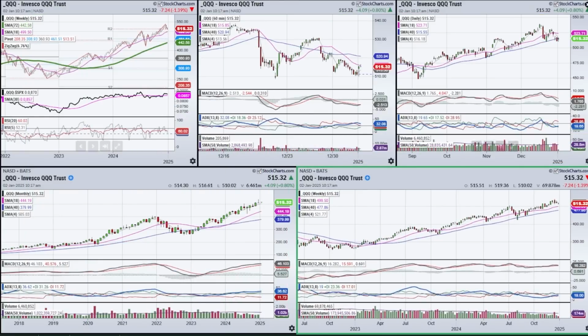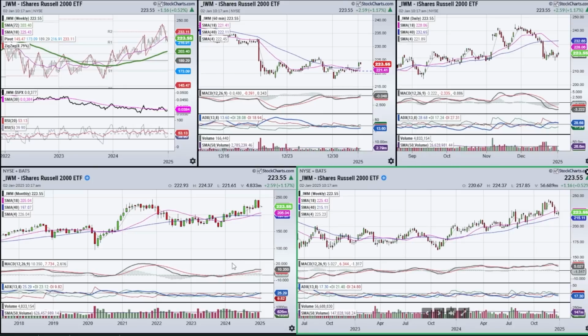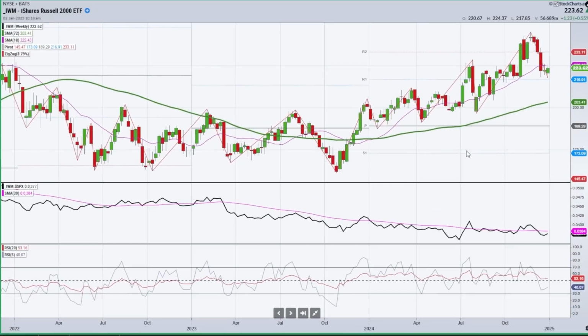All right. Now let's look at the IWM, because I think this is really one of the keys to the market for 2025. We need to see real improvement, and real improvement to me is relative to the S&P. So this is the line. This black line is the relative strength line, meaning it's basically a ratio of the IWM to the SPX.